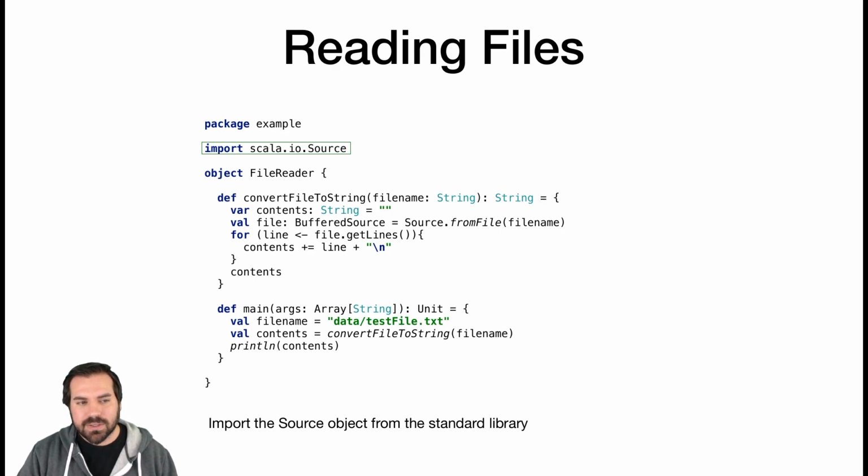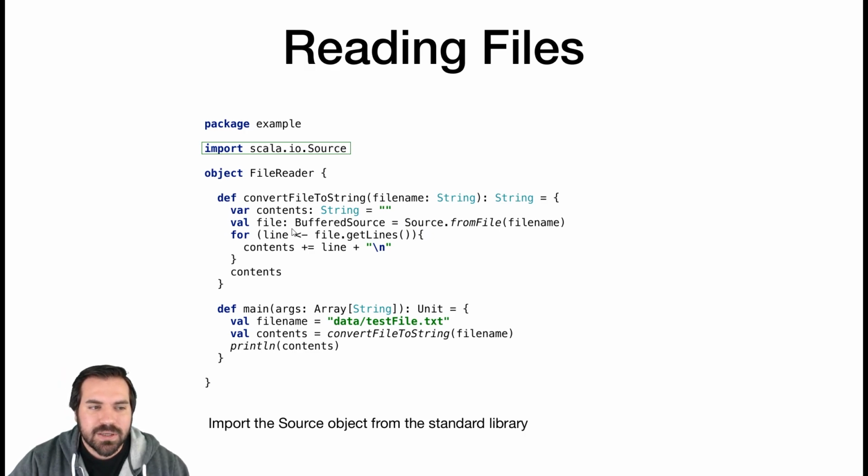So everything we've been using so far, strings, arrays, unit, math, all those are automatically imported and available in any Scala program without explicitly importing. Source is the first one we're going to use that's not auto-imported, so we do have to have an explicit import statement to tell Scala, hey, I want to use the source object. I want to use the methods that are contained in it, so I'm going to import it.